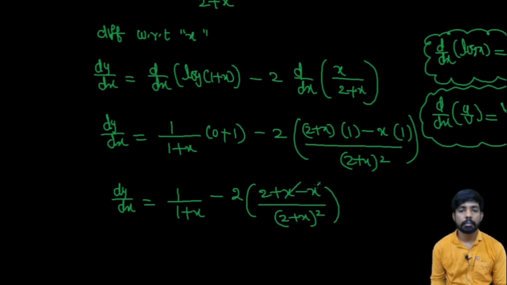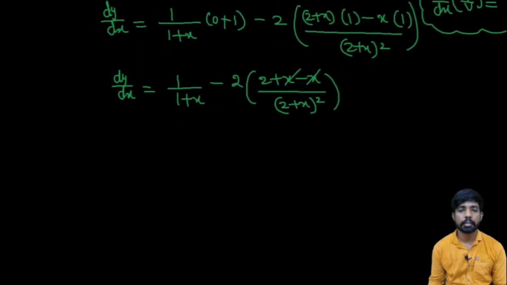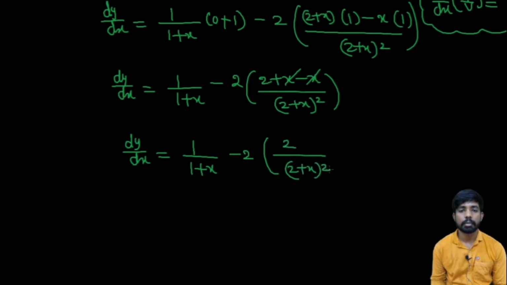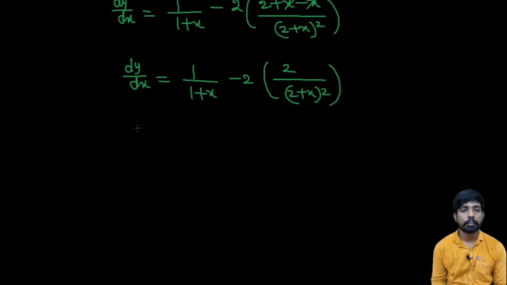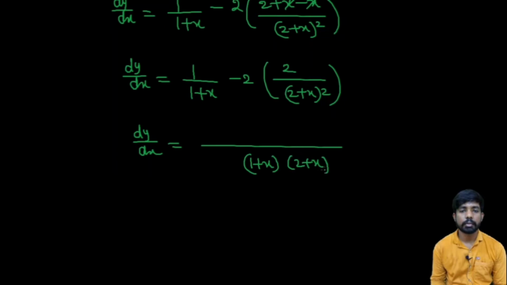So here plus minus cancel, plus x minus x cancel. Therefore we can write dy by dx is equals to 1 by 1 plus x minus 2 into 2 by 2 plus x whole square. Right, now take LCM, dy by dx is equals LCM 1 plus x into 2 plus x whole square.